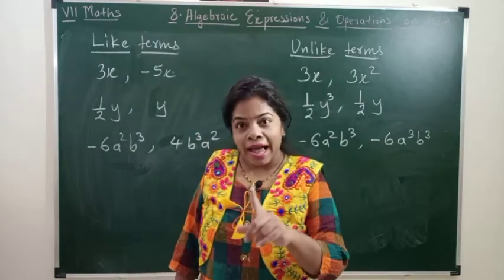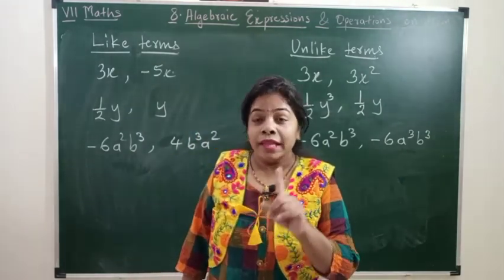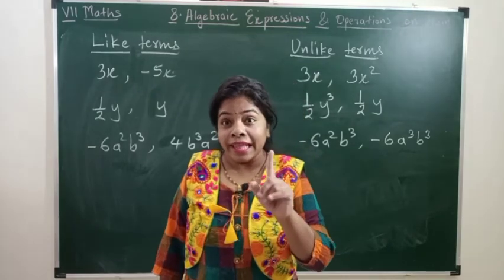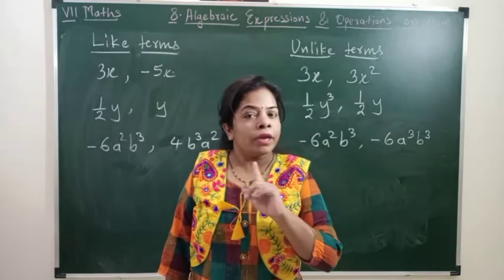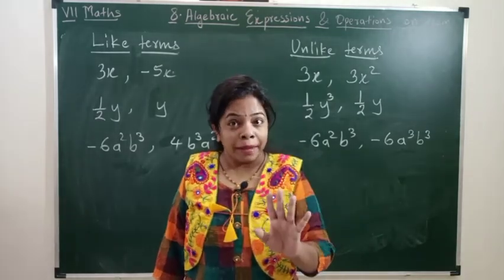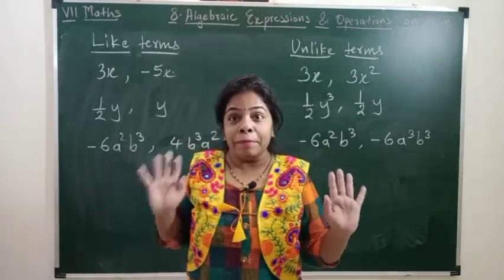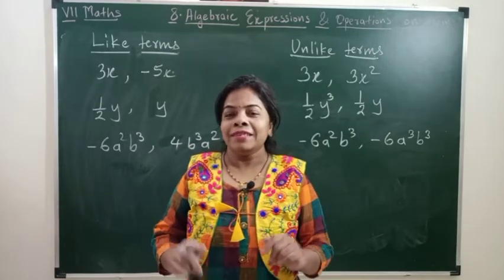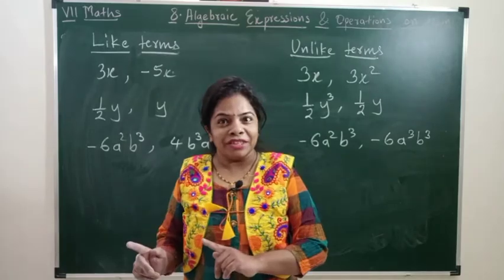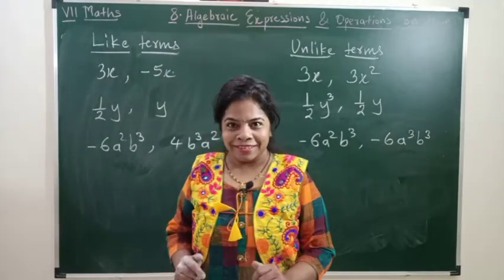Okay children, and we can only add and subtract the like terms. If the terms are not like terms, you cannot add or subtract them. You have to keep them separate as they are. This will help us in the addition and subtraction of algebraic expressions.